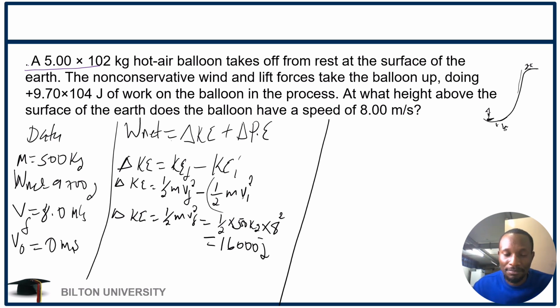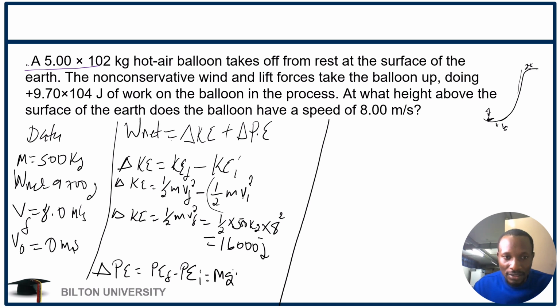Let's look at the change in potential energy. The change in potential energy is going to be the potential energy final minus potential energy initial. Potential energy is given by the mass of the object times the gravity acting on that object, which is 9.8 because this is a constant, times the height.